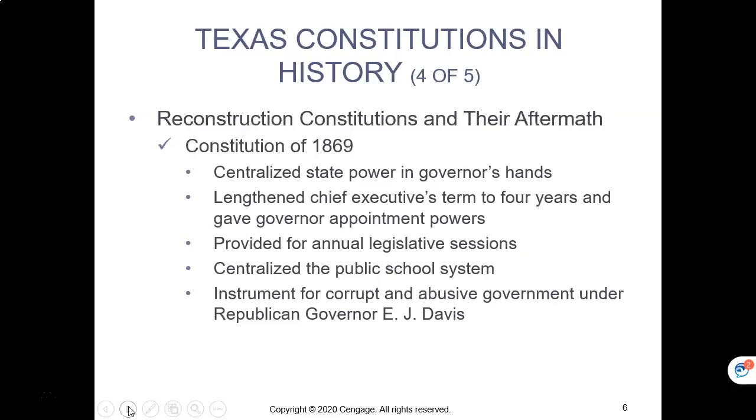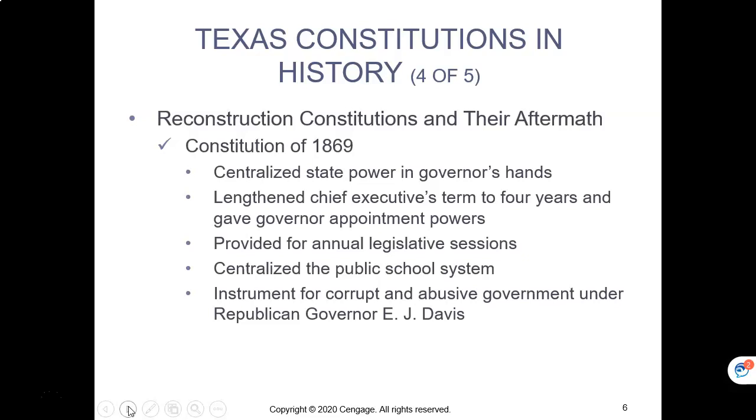The constitutions that were drafted said that there was going to be centralized power in the state, that there was full suffrage, and so that meant that former slaves could vote, and the military protected their right to vote.